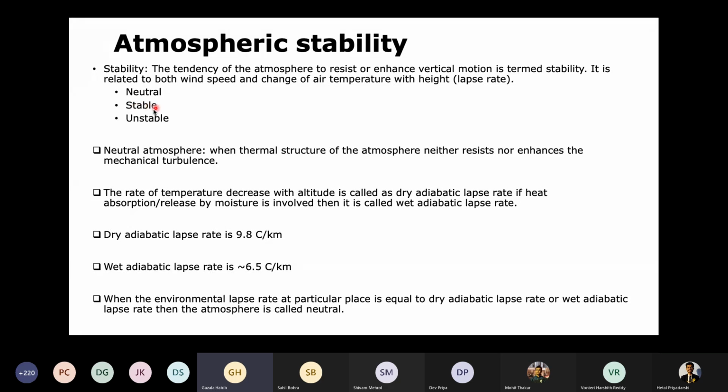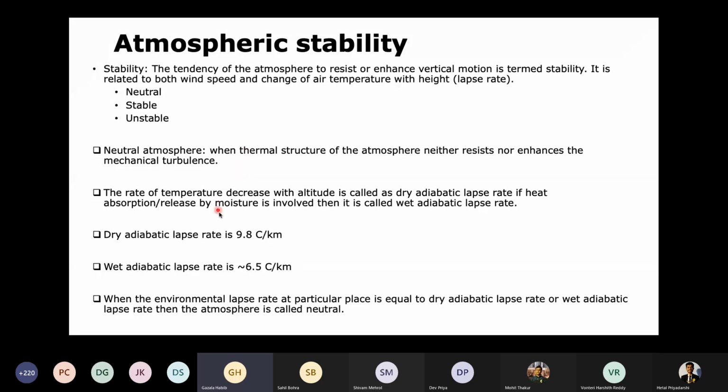That is known as a stable atmosphere. And unstable, when the air parcel coming from any source is warmer than the surrounding air, and because of the lighter weight it will go up. That indicates the unstable atmosphere.